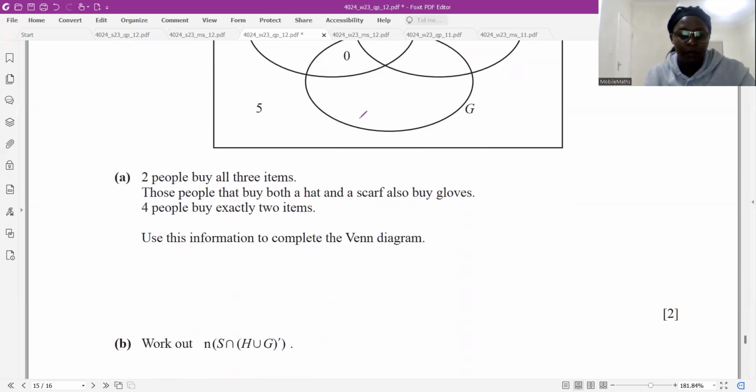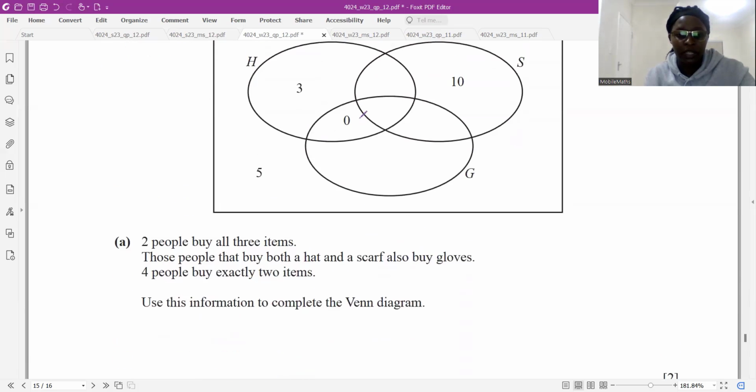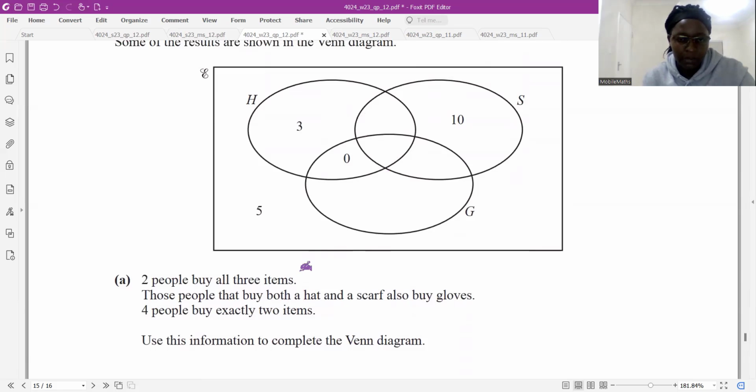So they say 2 people buy all 3 items. For this statement, I can write a 2 here, which is common for everything. Then those people that buy both a hat and a scarf also buy gloves. So it's like someone will buy an H and an S.